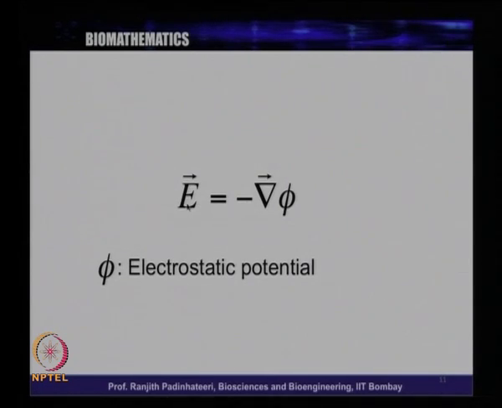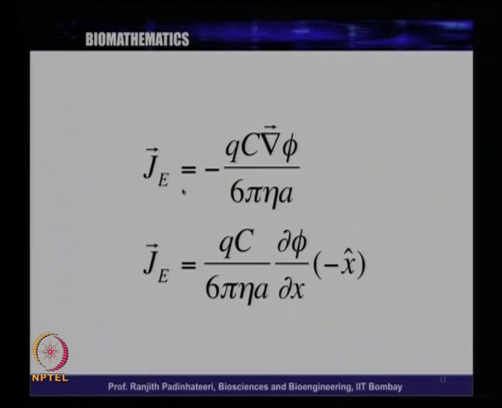So, now we can substitute this E in the J E we had. We had said that J E is q c E by 6 pi eta a, and wherever we see electric field, we substitute minus del phi, and del phi is d phi by d x with x cap, and there is a minus sign here which I put here.